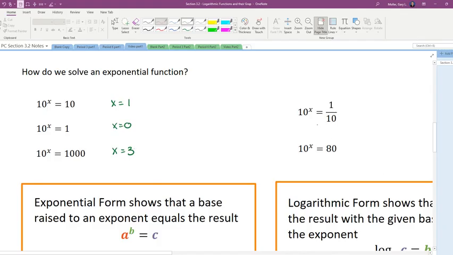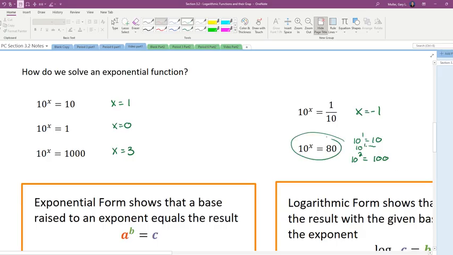Flipping a 10 over to make it 1/10 would happen if x was negative 1. And then 10 to what power equals 80? Ooh, that one doesn't really work out quite as well. I know that 10 to the first is 10, and I know that 10 squared is 100. So my answer has to be somewhere in the 10 to the 1 point something power.